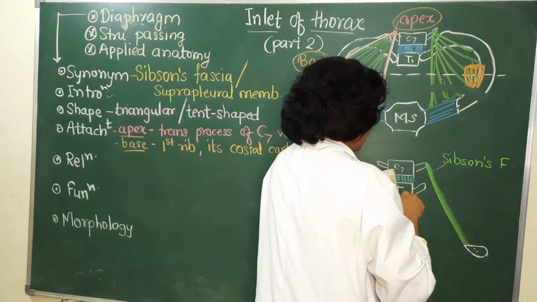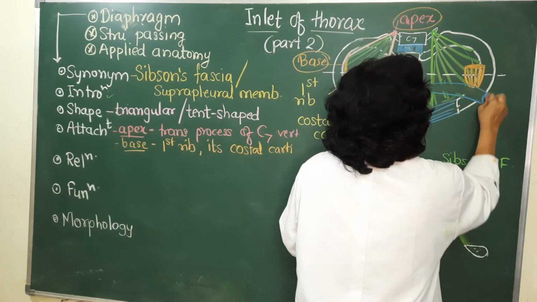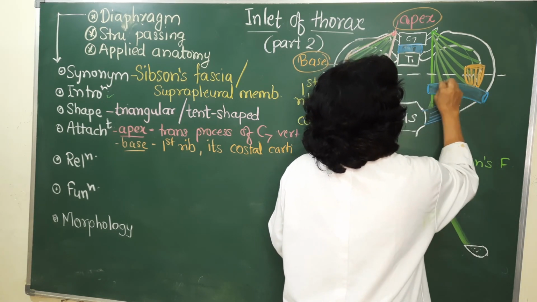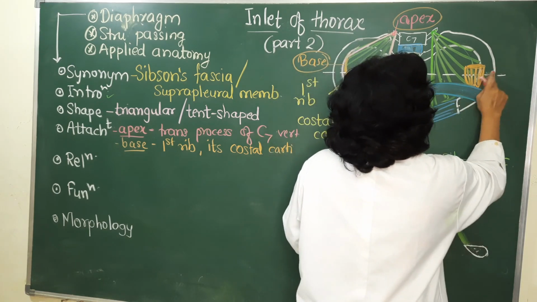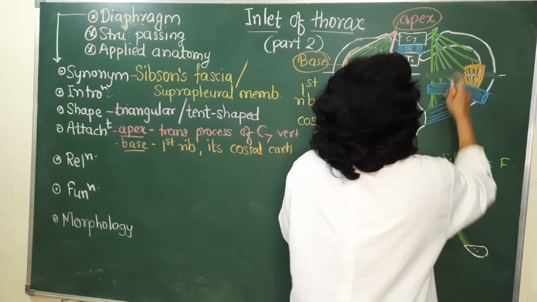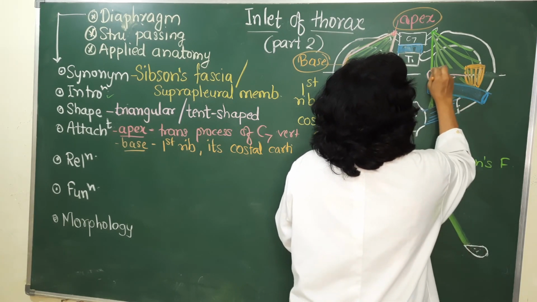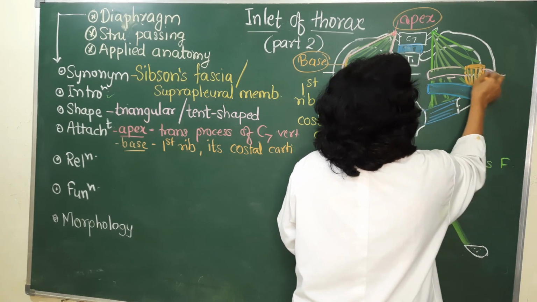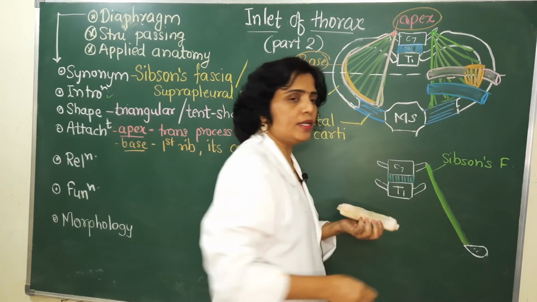On the first rib, here it lodges the subclavian vein, not the artery, it is subclavian vein. And behind that here you get a groove, and this groove lodges the subclavian artery. So here you get the artery behind the scalene tubercle. The same artery continues down in the axilla as the axillary artery. So this is the subclavian artery, this is the subclavian vein.